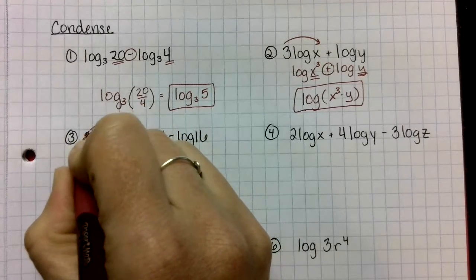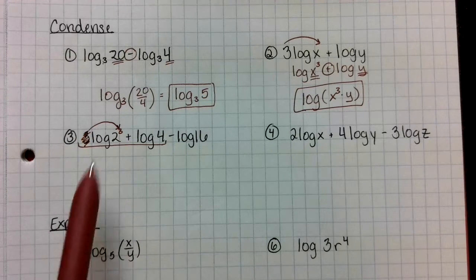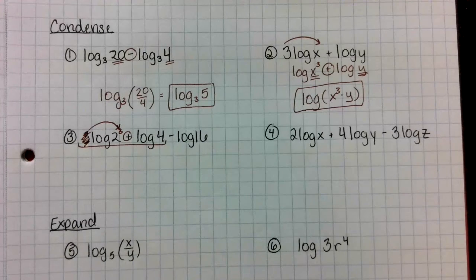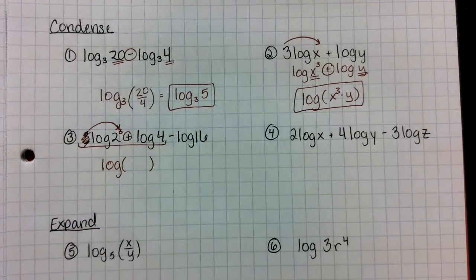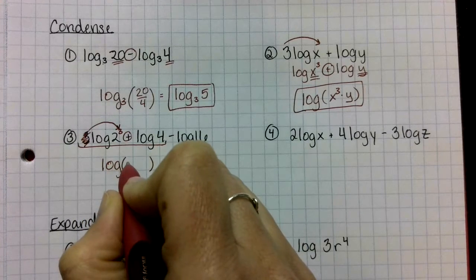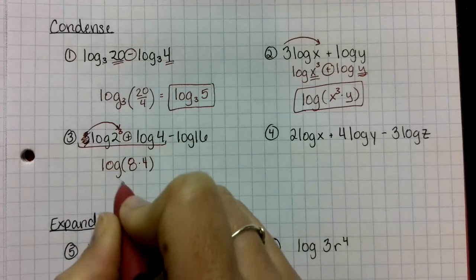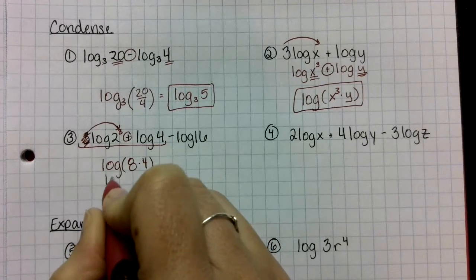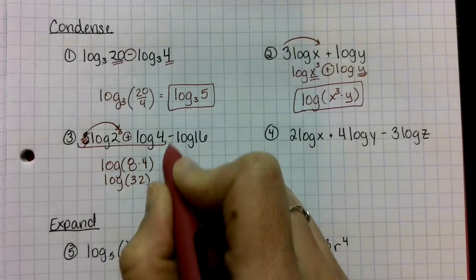So this is going to become 2 to the power of 3. Now I have plus, and plus means multiply. So this gets written as one log, 2 to the power of 3, which is 8, times 4. So I could go ahead and simplify that, and that's going to be log of 32.